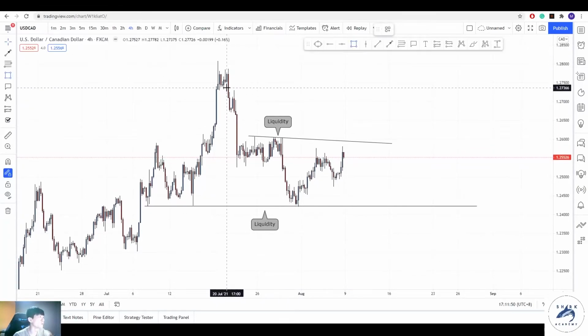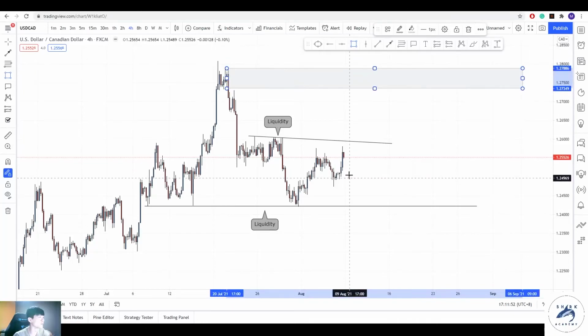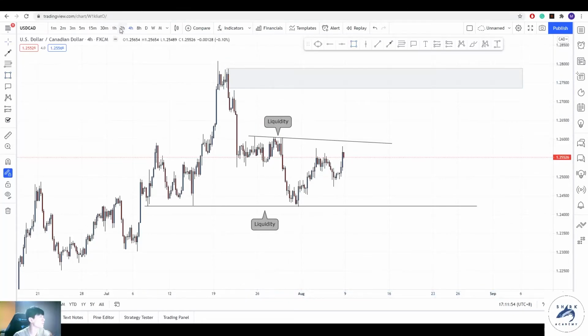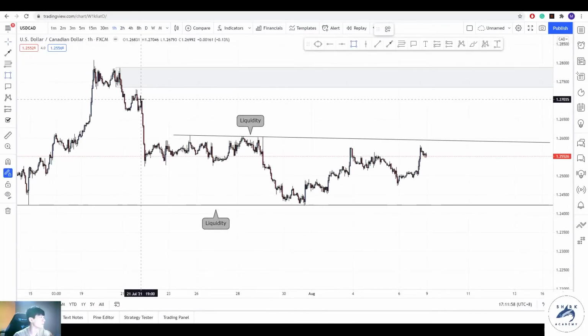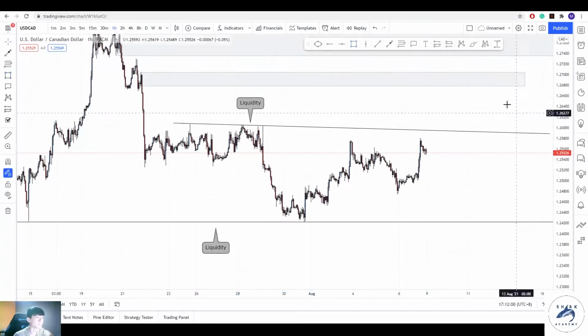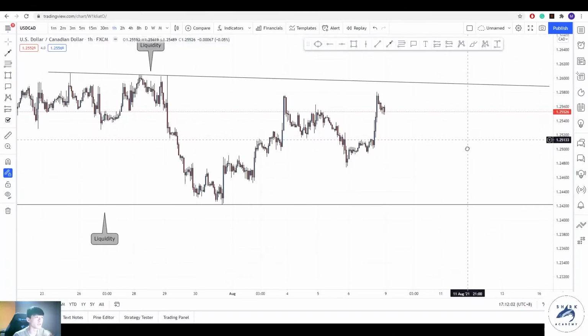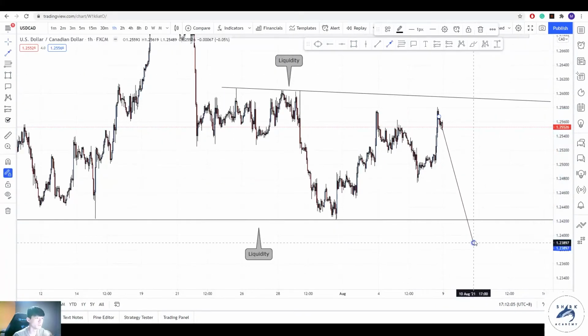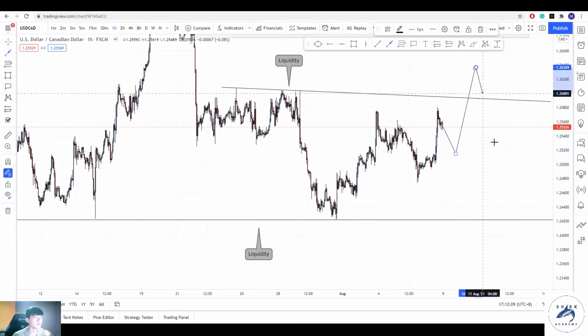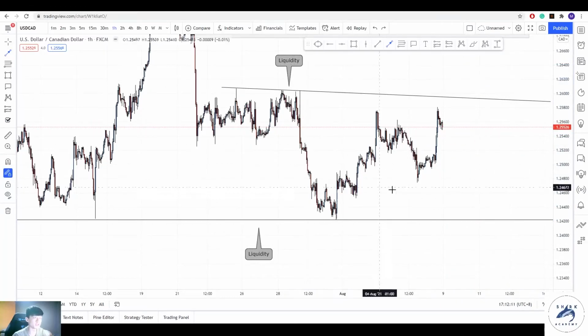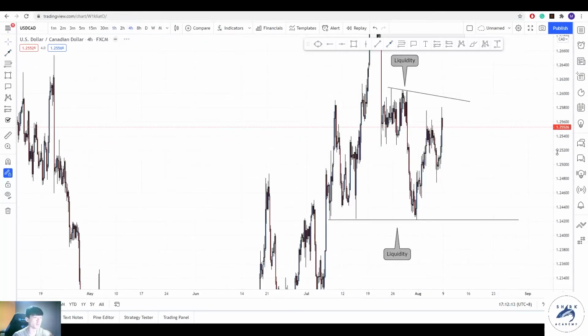So knowing where prices are likely to liquidate orders, how do we get involved in these trades? We identified that there is a supply zone over here and maybe on the lower time frame as well. On the 1 hour, we have supply zones here as well, right? And we can either look for sell to buy or buy to sell to liquidate these orders. So this is the range that we'll be working for, right?